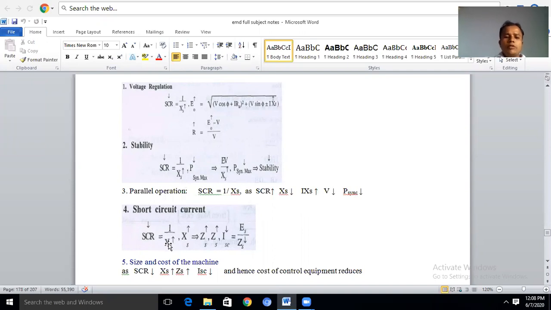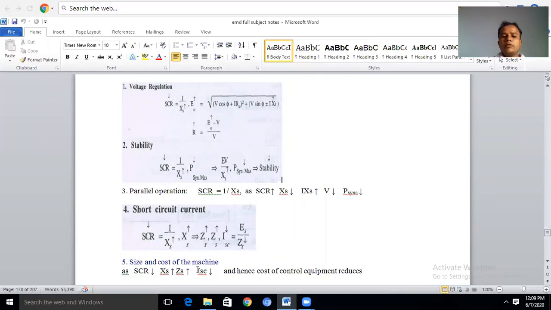Now, short circuit current. Again, the short circuit current decreases as SCR decreases, because the synchronous impedance ZS is increasing. If this is increasing, automatically the short circuit current will decrease.